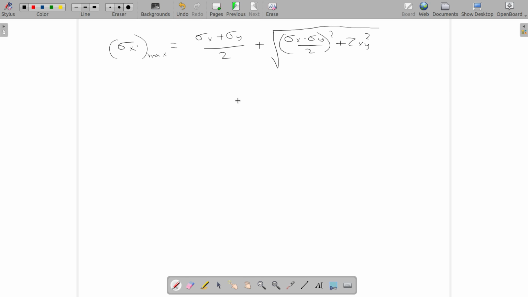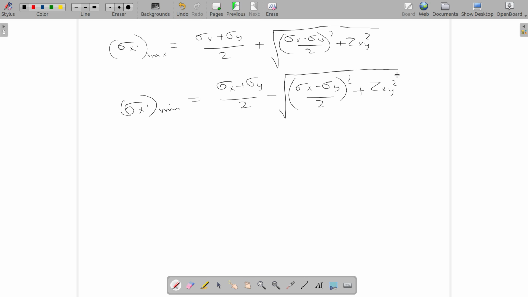This is what you get if you do the substitution. Similarly, you will get sigma x dash minimum as sigma x plus sigma y by 2 minus the square root of sigma x minus sigma y by 2 whole square plus tau xy square. So this is the equation you will get if you do the substitution.